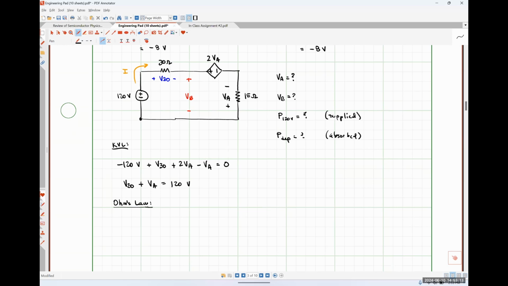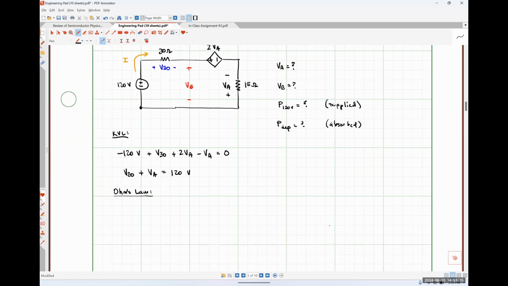So I would like for you guys to tell me how we are going to express V30 in terms of the current I. I times 30 ohms. I times 30 ohms, absolutely right.